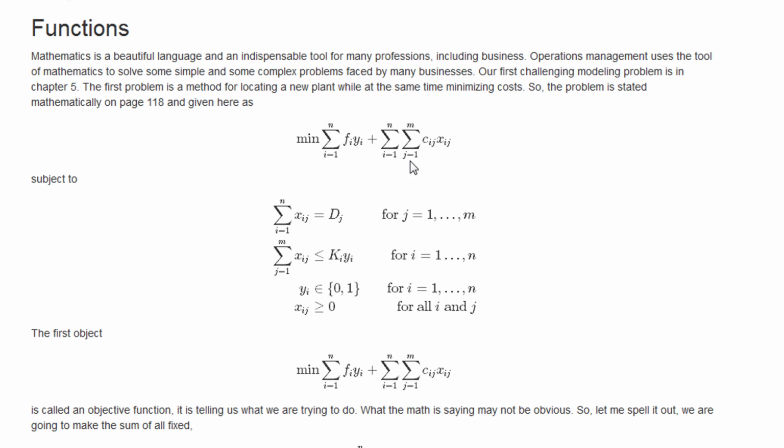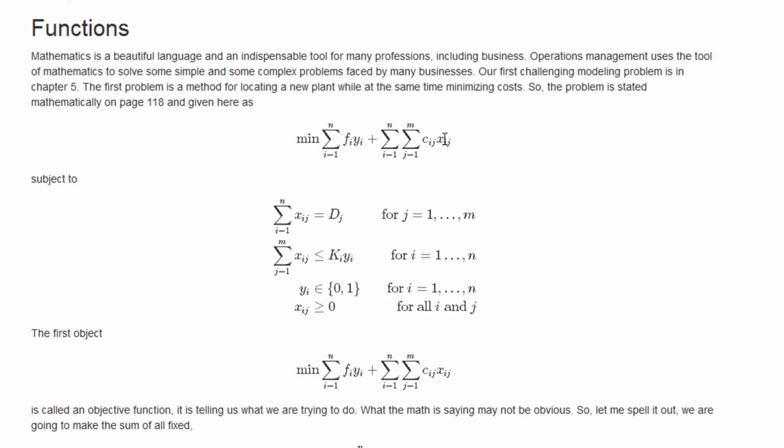So let me try saying that one more time. i is indexing the plant location, j is indexing the market, the demand location. c sub i j is the cost per unit of producing in facility i and shipping to market j. x sub i j, on the other hand, is a choice variable.